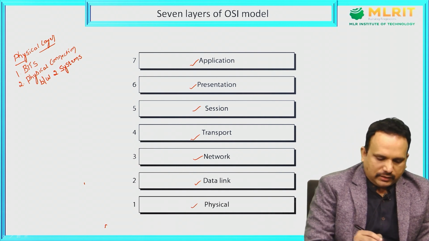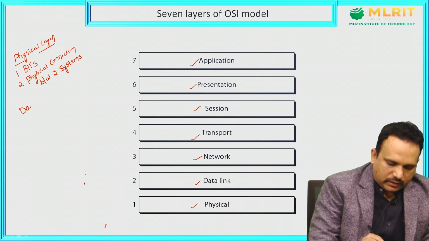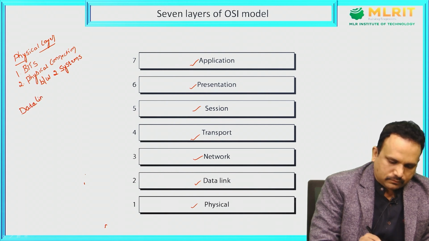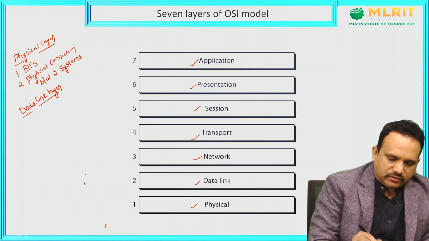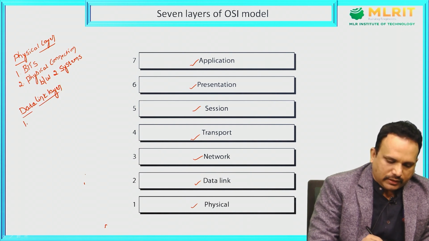Whereas in the data link layer, the bits which were in the physical layer will be converted into frames.